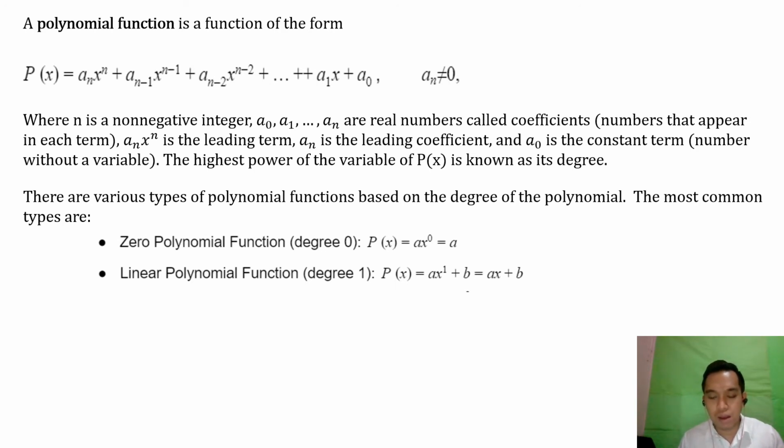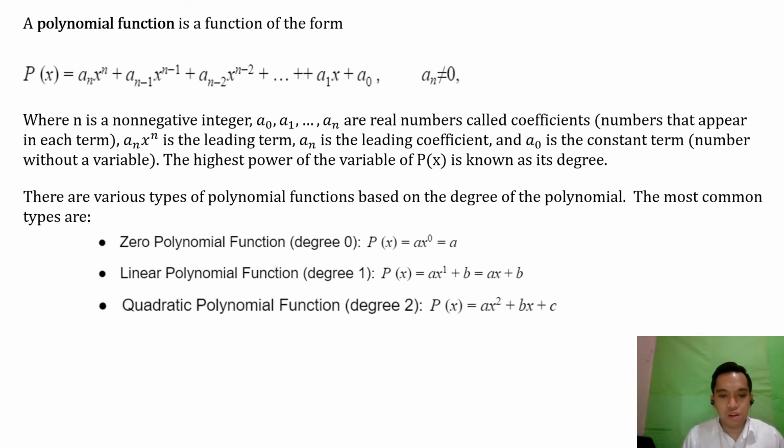No need na to write kapag ang kanyang exponent ay 1 lang naman. Huwag mo nang isulat yun. Automatic na yun. So, we have also quadratic polynomial function. Ang kanyang degree ay 2. So, ang kanyang forma ay p of x equals ax squared plus bx plus c. Yun yung quadratic polynomial function.